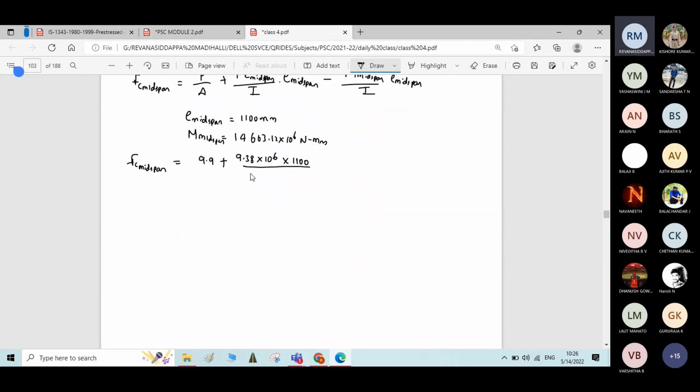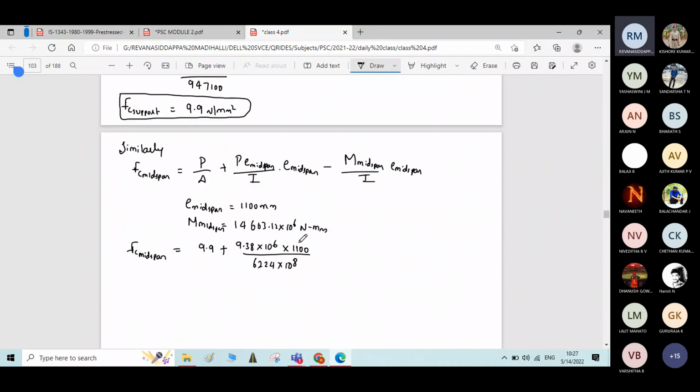Divided by 6224 into 10 power 8, into eccentricity at midspan 1100, minus moment at midspan, 14,663.12 into 10 power 6 divided by moment of inertia 6224 into 10 power 8 into eccentricity at midspan 1100.